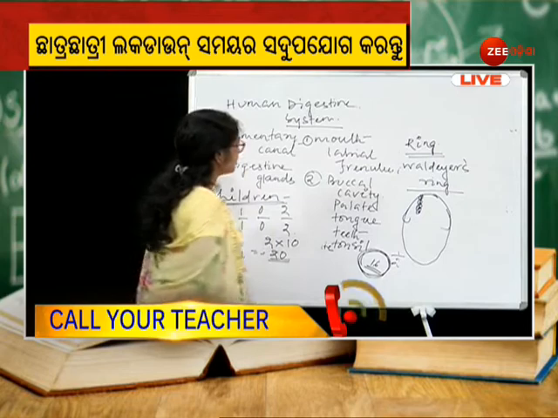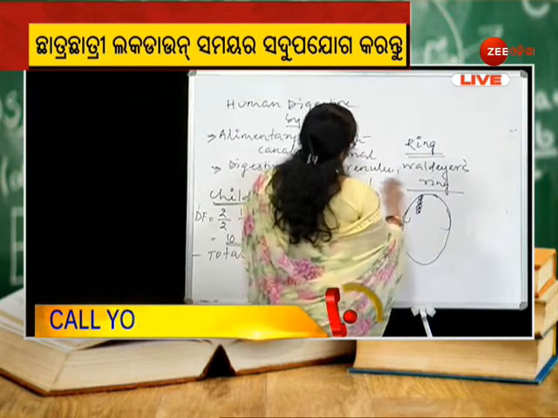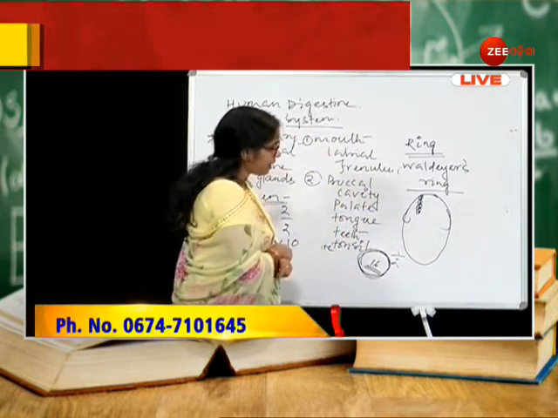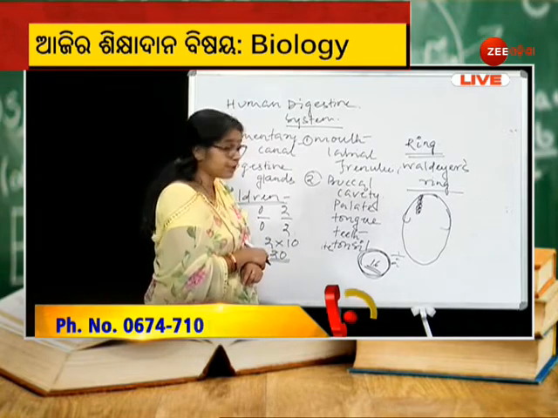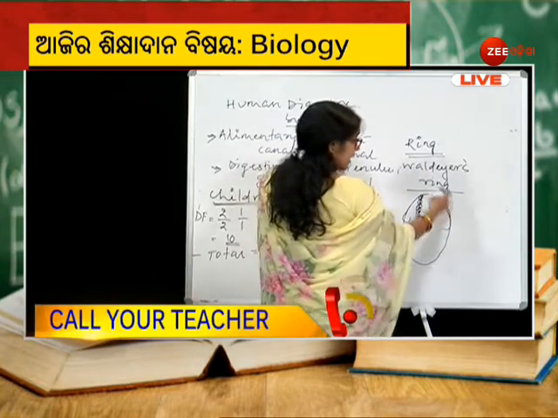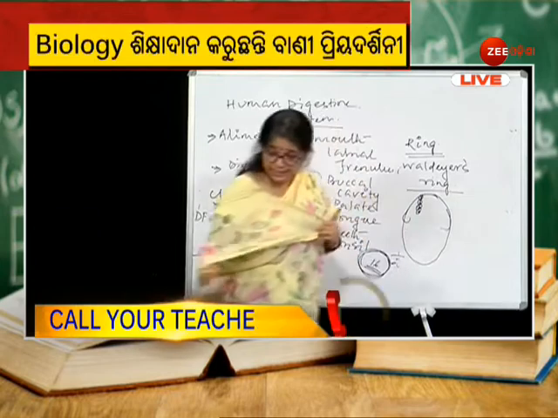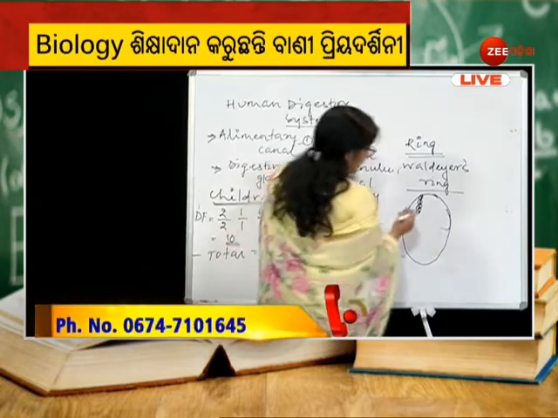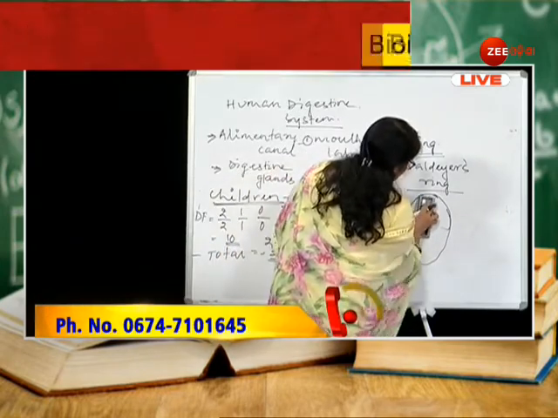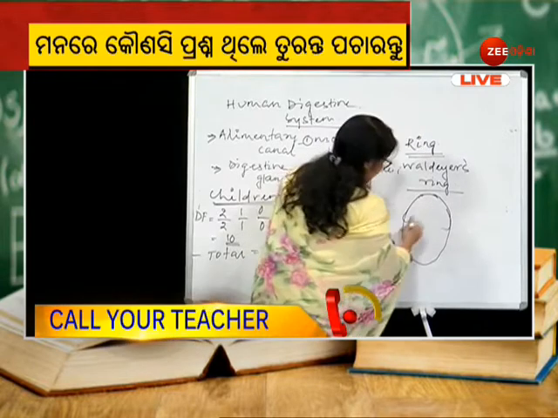So the tonsil that is present within the buccal cavity, in case of human, the tonsils are arranged in a ring-like manner. So what is the ring? How are they arranged? Let's consider the tonsils are arranged in this manner.